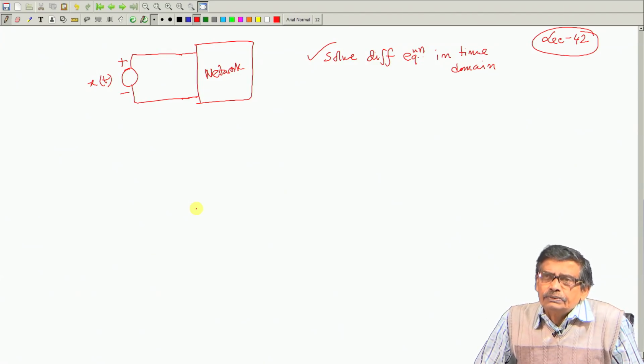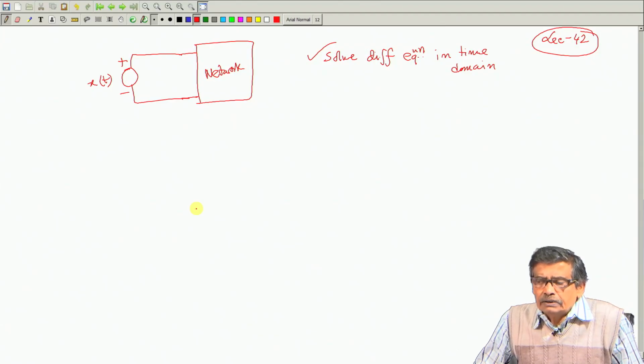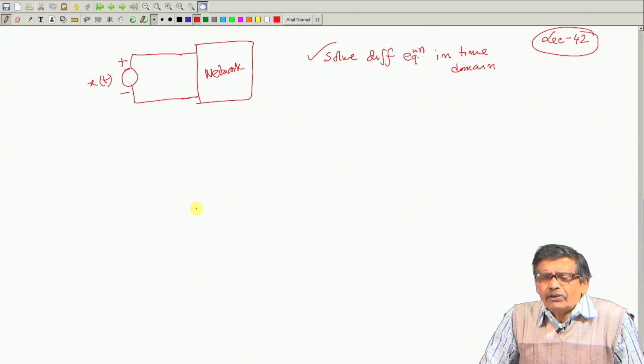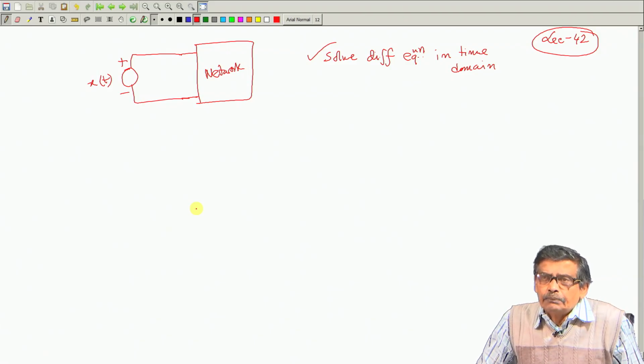Therefore, the question is whether we can find out the steady state response quickly for some very definite type of input signal. For example, electrical engineers at least will often be using a DC signal, a constant value signal, as input, a DC supply, or an AC supply which is sinusoidally varying with time.